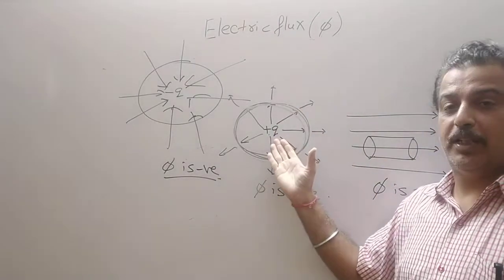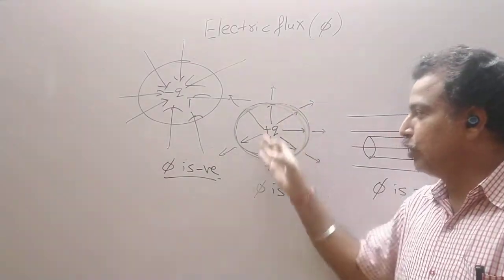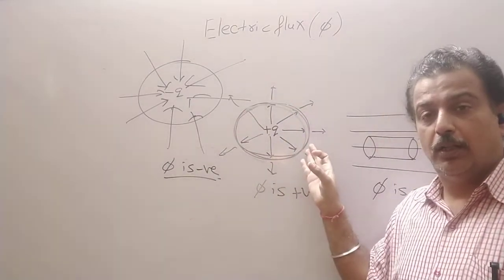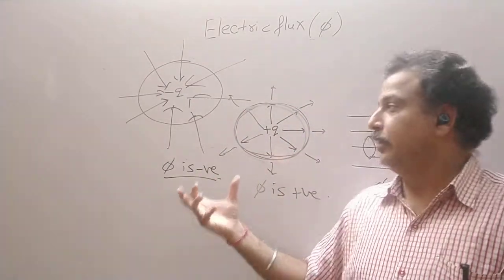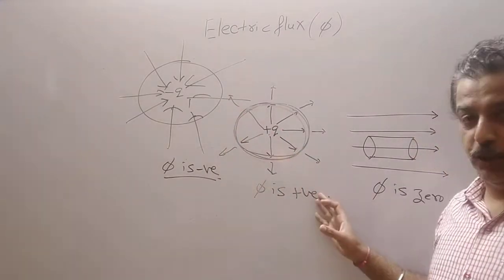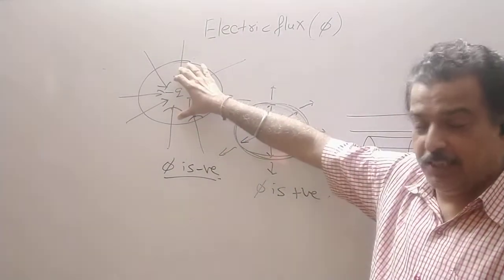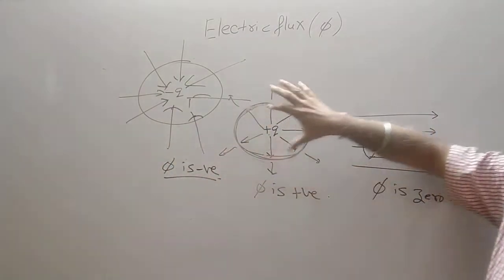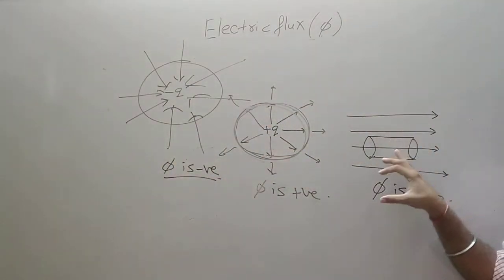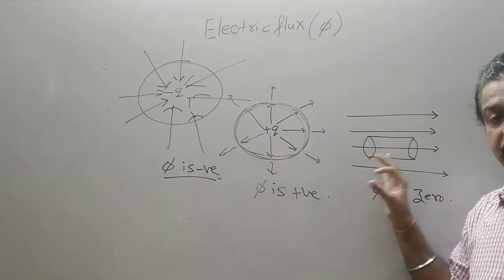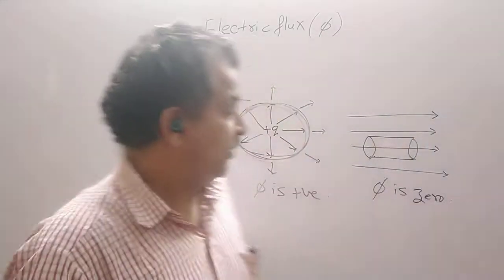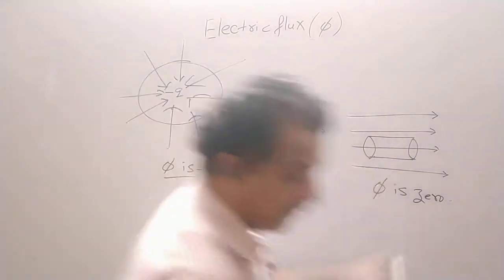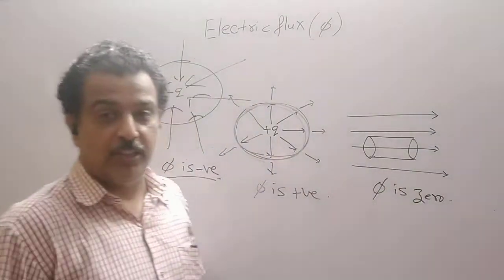So if there is a plus charge enclosed in any closed surface, say a hollow sphere or a cubical box, then the flux is positive. If negative charge is enclosed, the flux is negative. But if a closed surface, here I have taken a cylinder, is placed in a uniform field, then the flux is 0. Now let us see how this flux is 0.